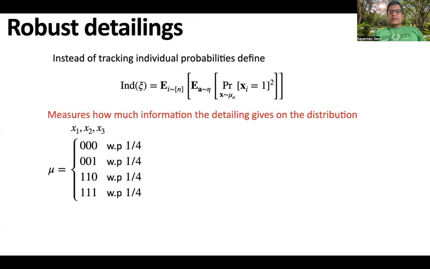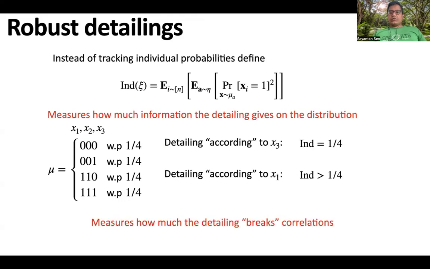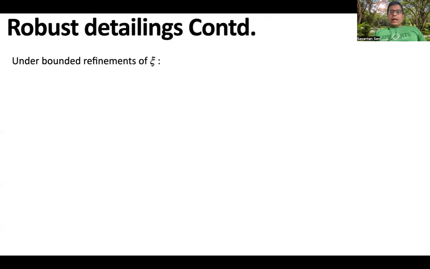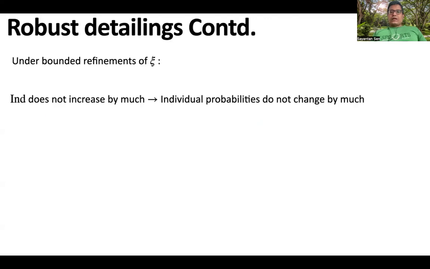In a sense, the index of a detailing captures how much information the detailing gives on the distribution. We show that if our detailing is robust, the type distribution doesn't change too much when we consider only bounded size refinements.